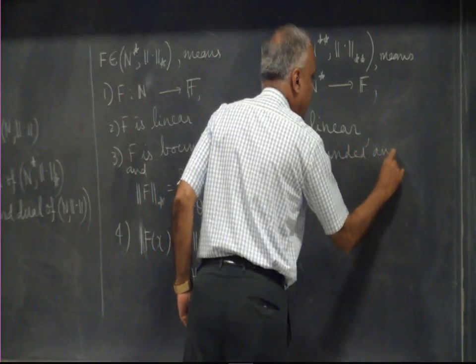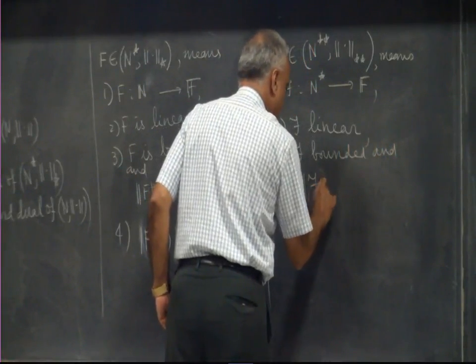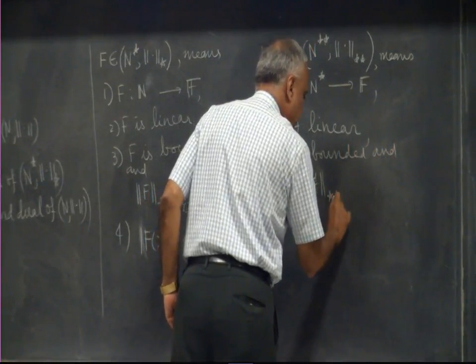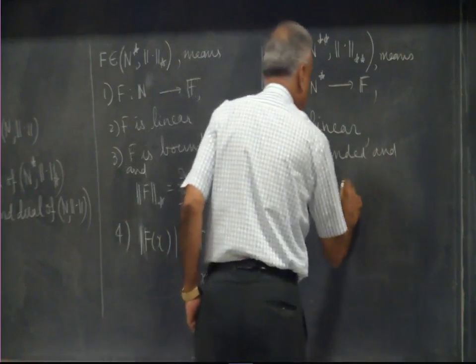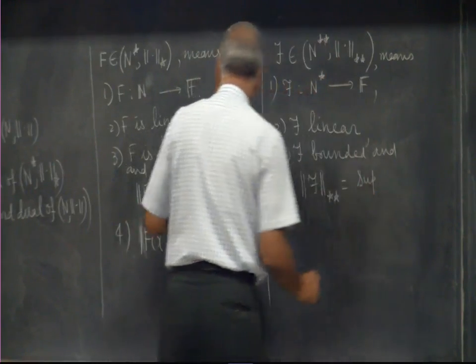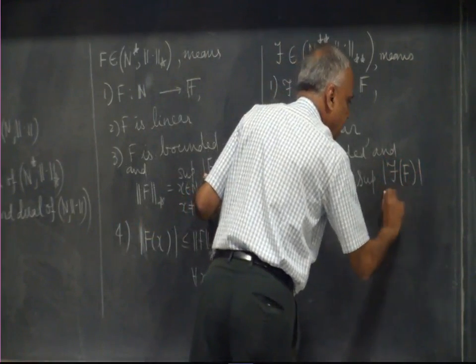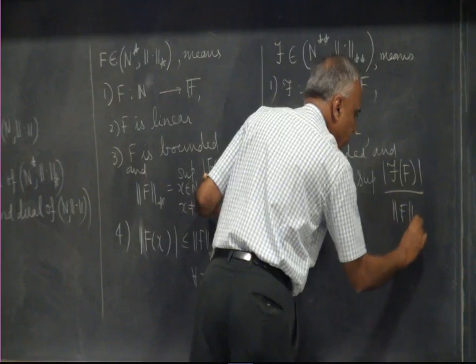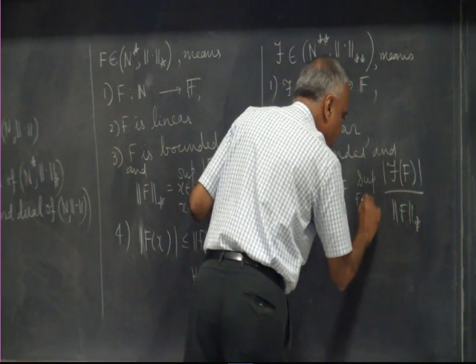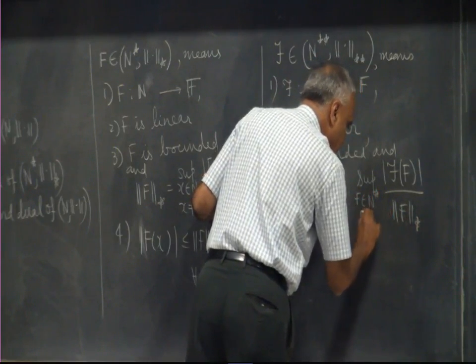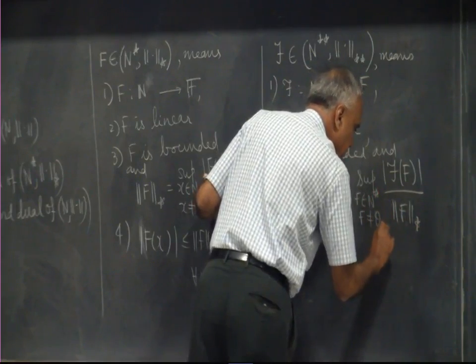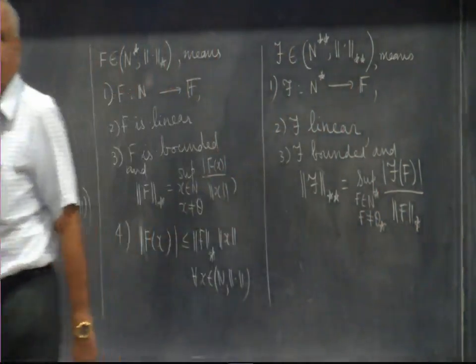and the double star norm of script F will be equal to the supremum of mod script F of f divided by norm f star, where f now belongs to N star and f is not equal to theta star, not the 0 element.